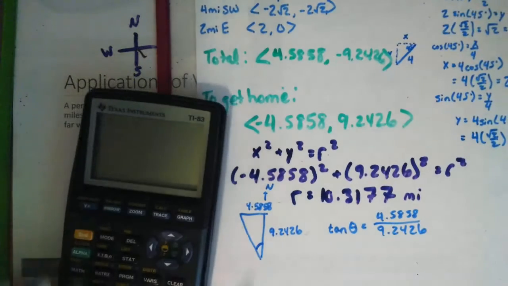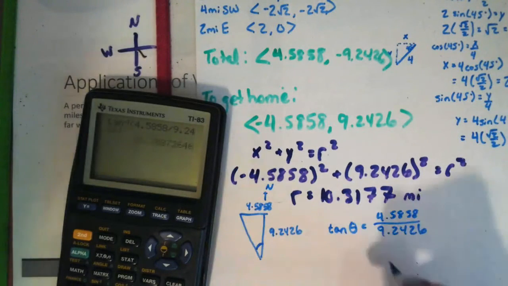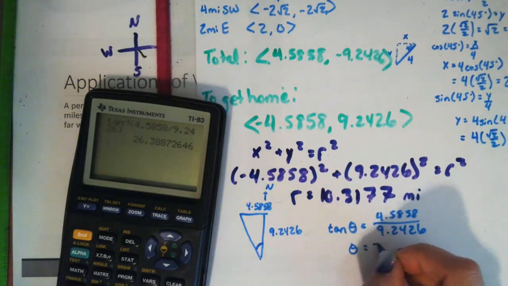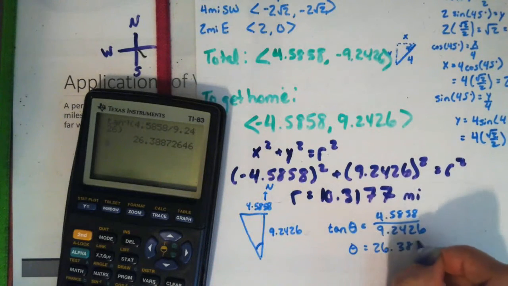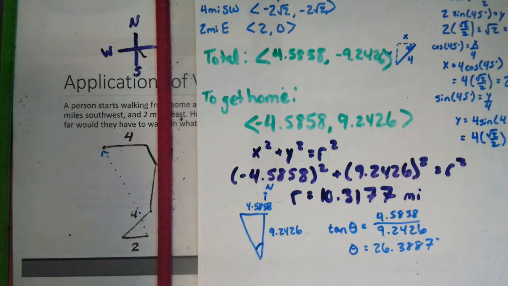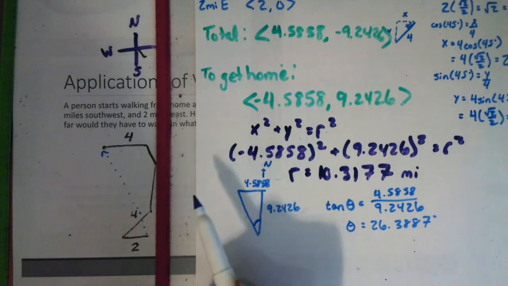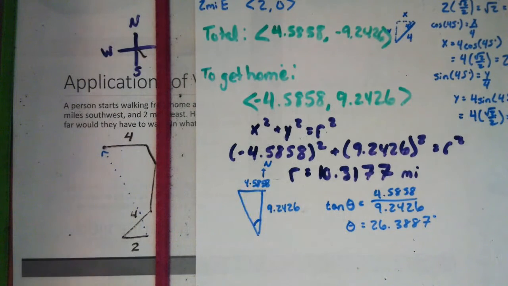And if I inverse tangent that, I get that theta is equal to 26.3887 degrees. What that measures is how much we need to turn west from north.